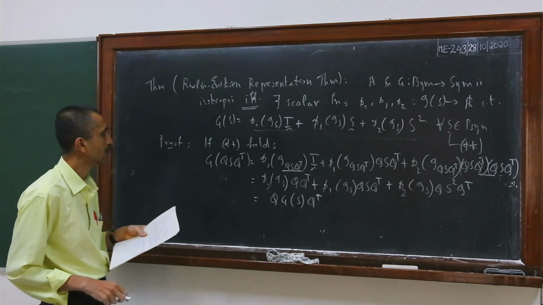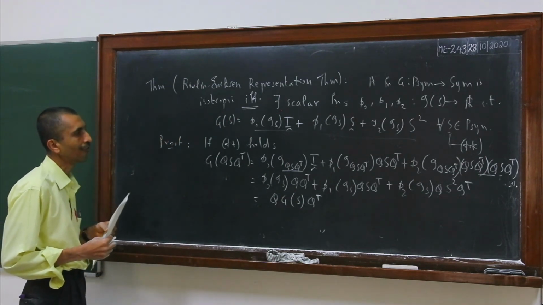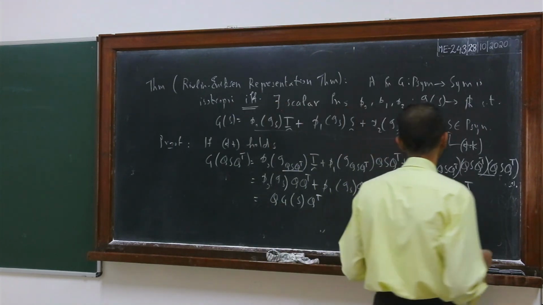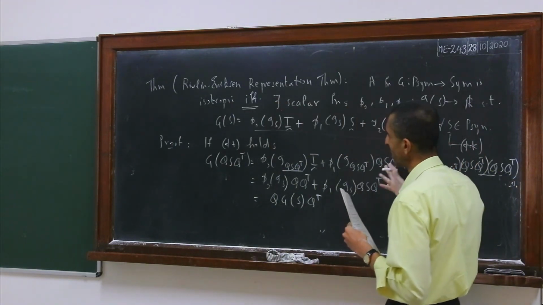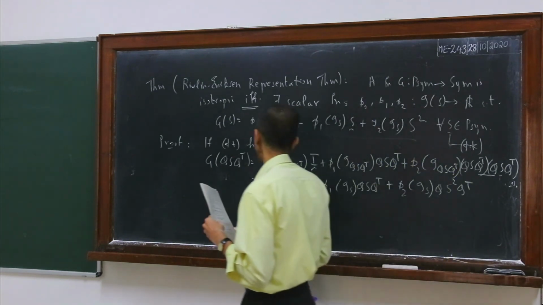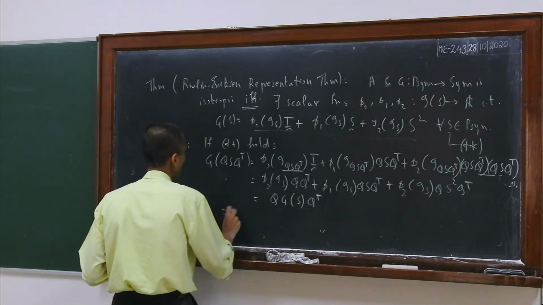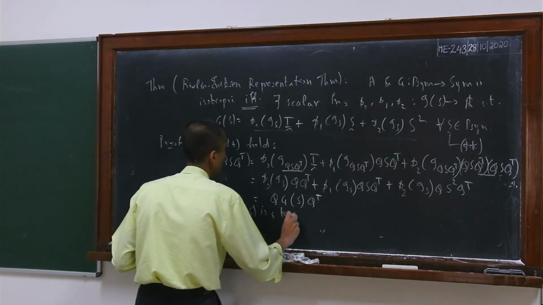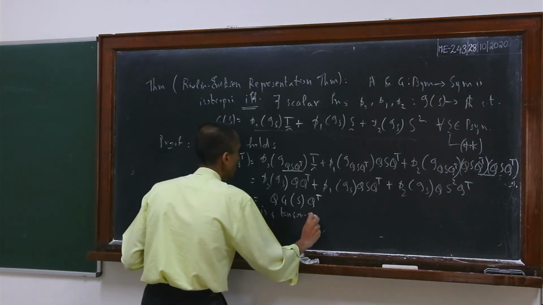So what we have shown is that if double star holds, then g of S is a tensor valued isotropic function.